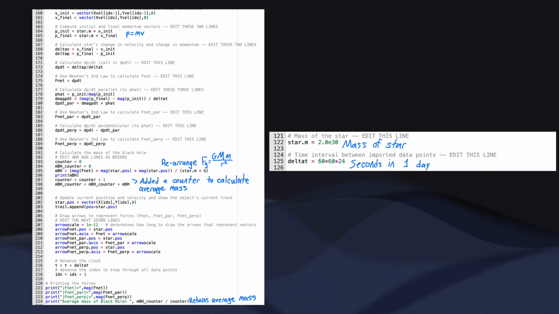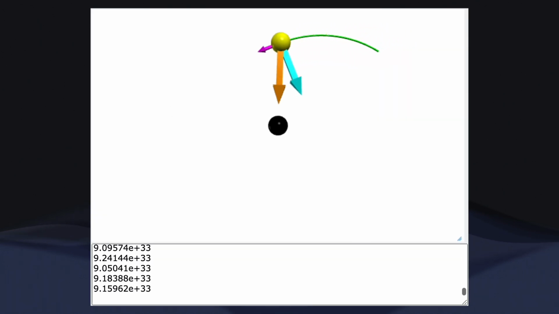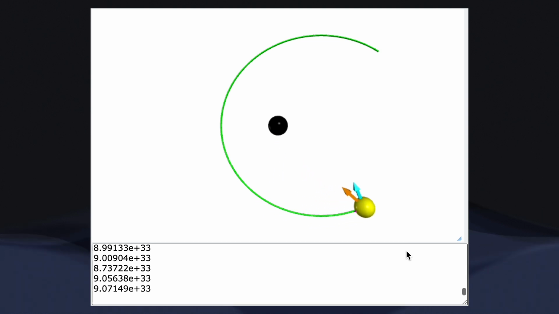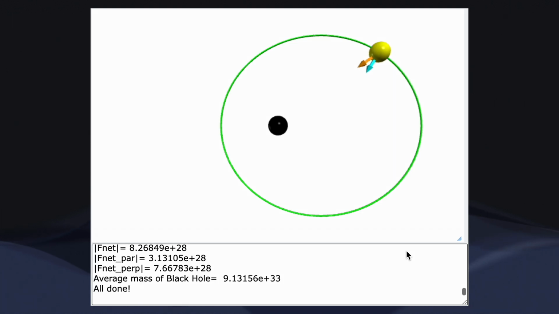The mass of the star was provided, and then we also set delta t to the number of seconds in one day. And here was the result. The program outputs all the different masses and then returns the average.